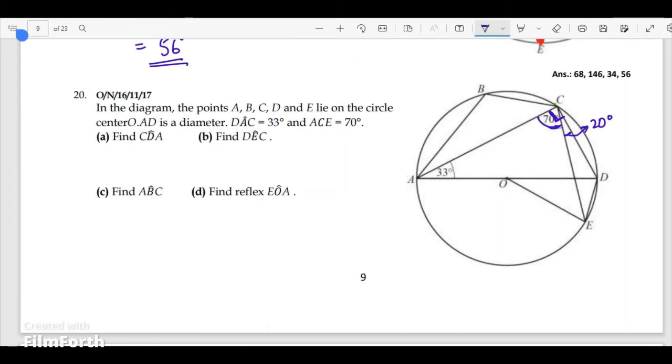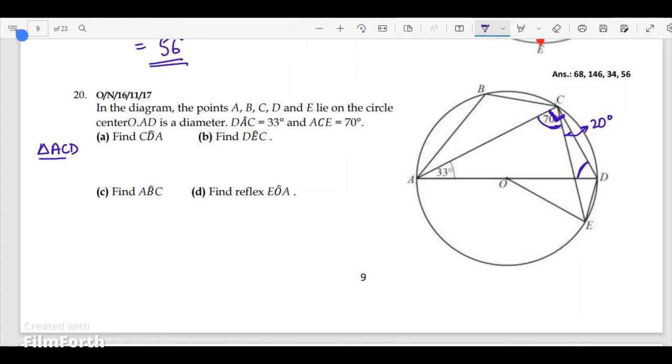Okay, so DAC is 33 degrees, ACE equals 70 degrees. We have to find CDA first. CDA, this angle here. And that's pretty simple. We'll look at triangle ACD. We know this is 90 degrees. Why?